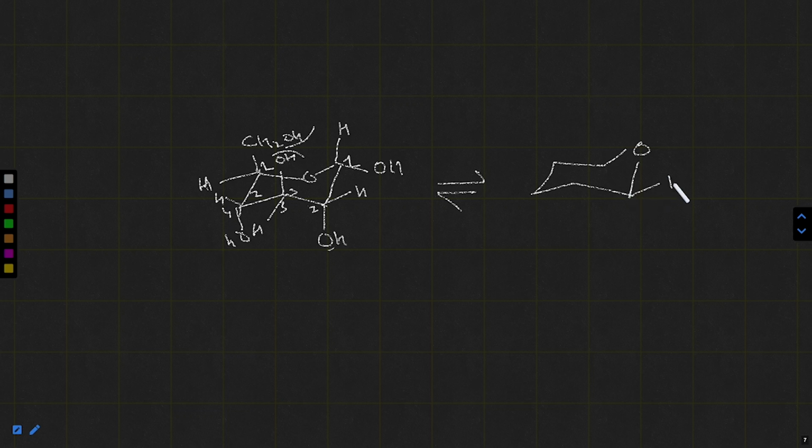Again, let us draw it. H, OH. You should always remember that the bulky group should always be on the equatorial position, not on the axial position. So we will flip this ring. This is the sign of ring flipping.